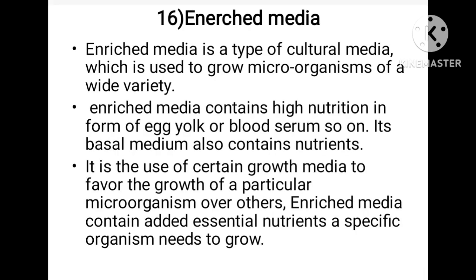Question number 16. Enriched media. Enriched media is a type of culture media which is used to grow microorganisms of a wide variety.